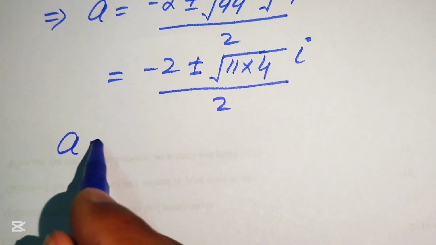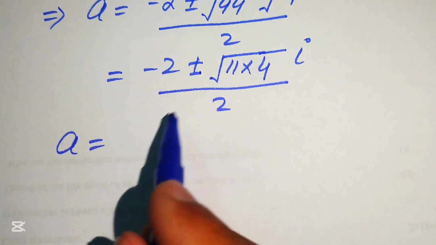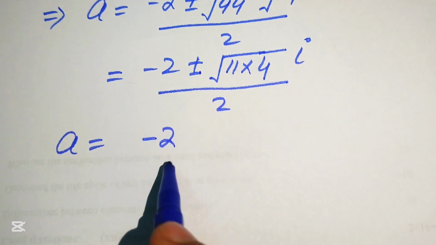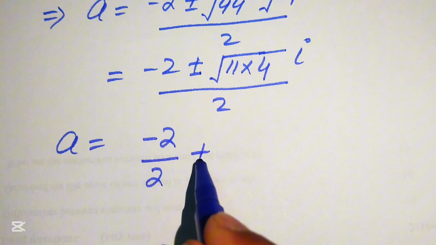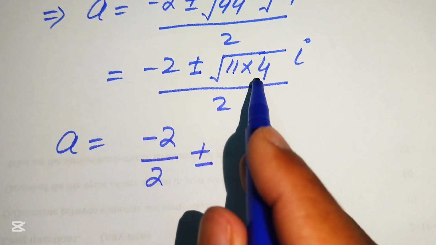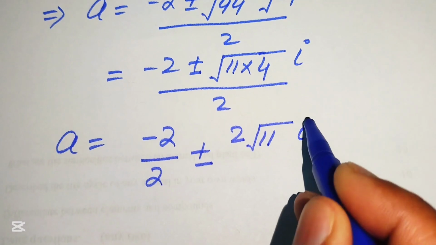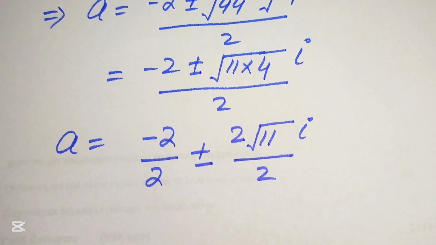So here we just take the square root of 4. First we break this fraction, and it becomes minus 2 over 2 plus minus. Here we know that the square root of 4 becomes 2 into square root of 11 iota, and it is divided by 2.